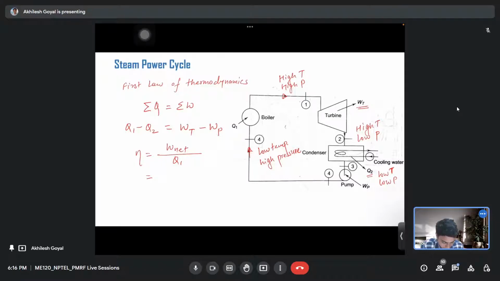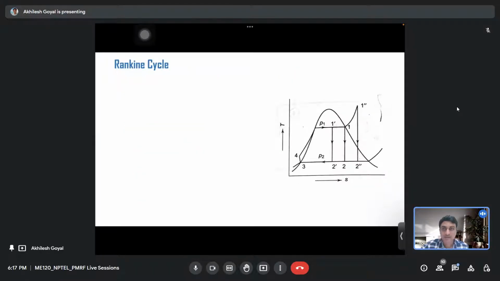W net is Wt minus Wp, divided by Q1, the total heat input. So that way we can calculate the efficiency of this system. Okay, steam power cycle. Now this is a very general system. Now if we talk about Rankine cycle, okay, so this is steam power cycle, simple.